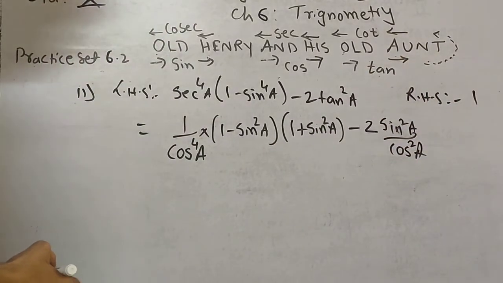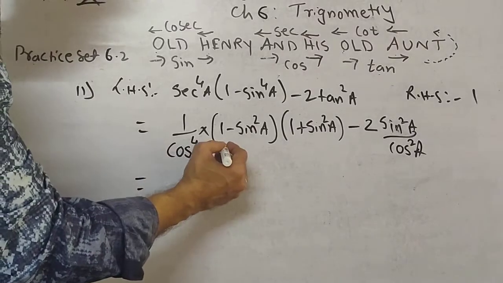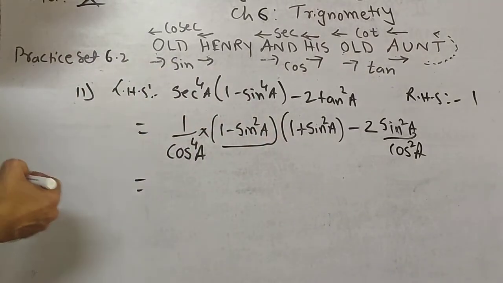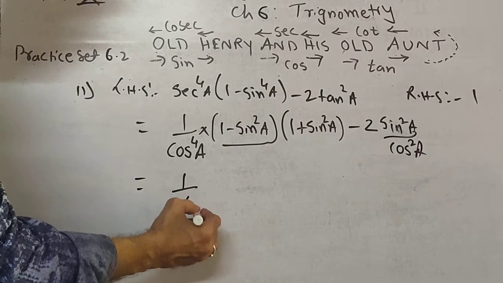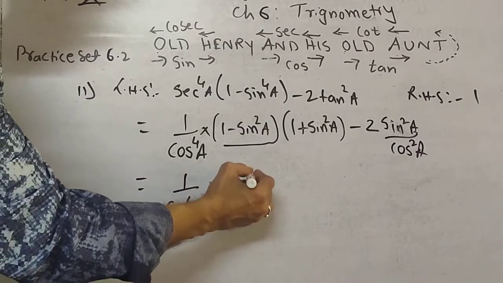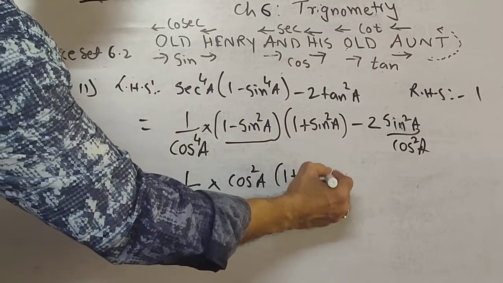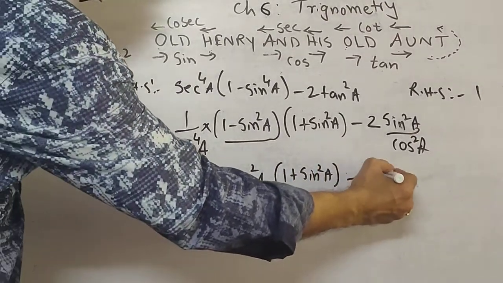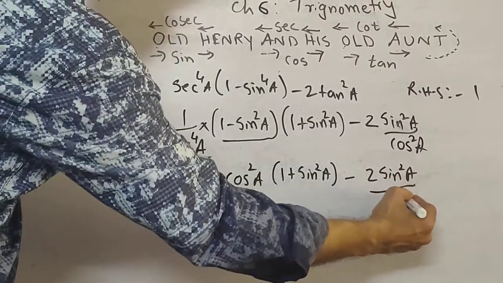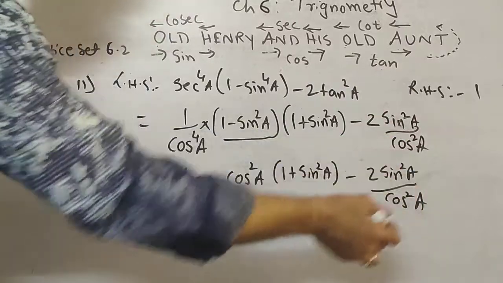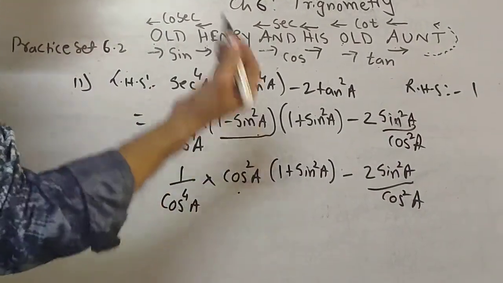Now 1 minus sin square a means cos square a. So 1 upon cos 4a into cos square a, 1 plus sin square a, minus 2 sin square a upon cos square a. This will be the same. Only here in place of 1 minus sin square a it is cos square a.